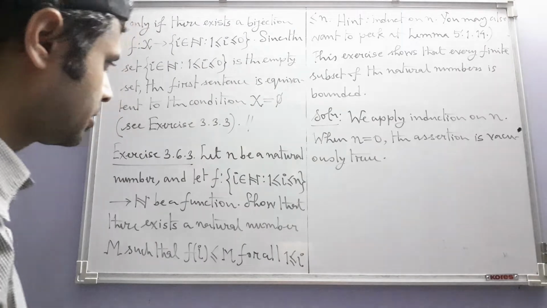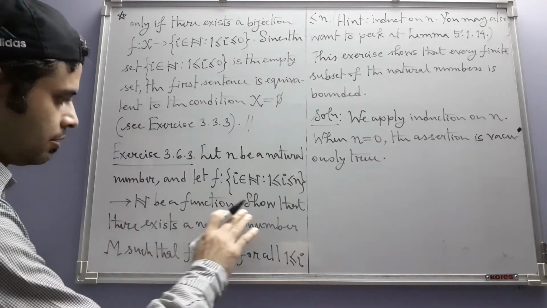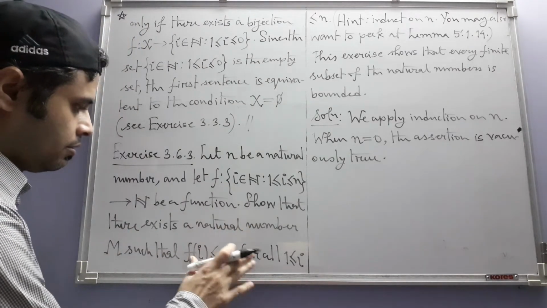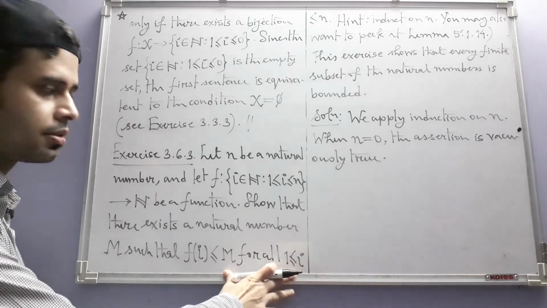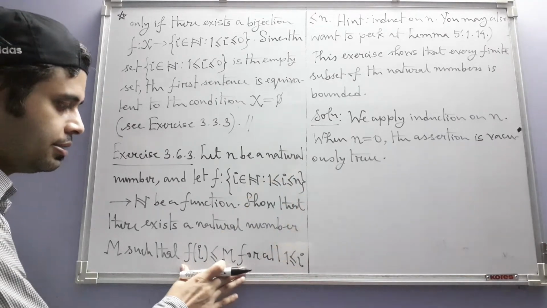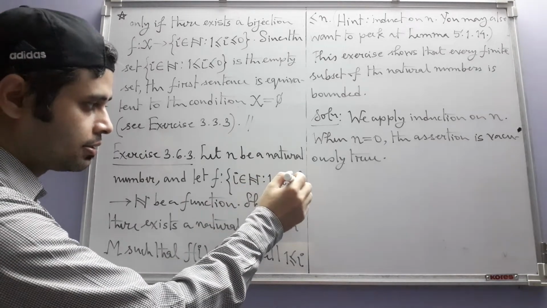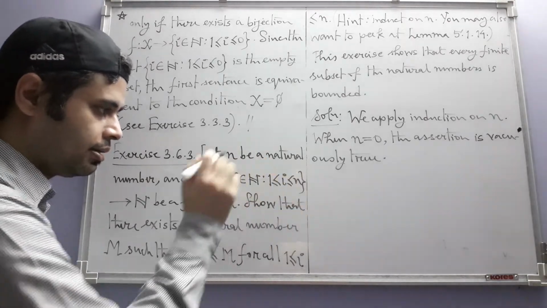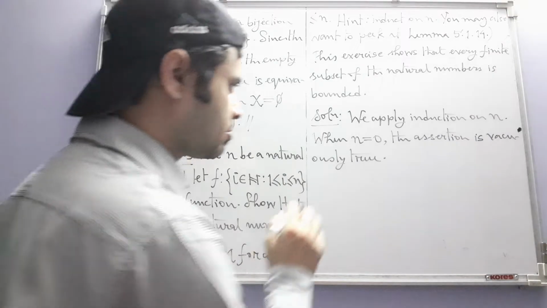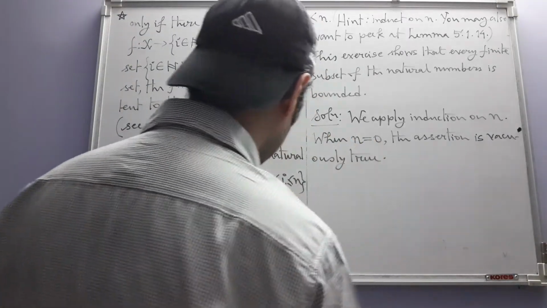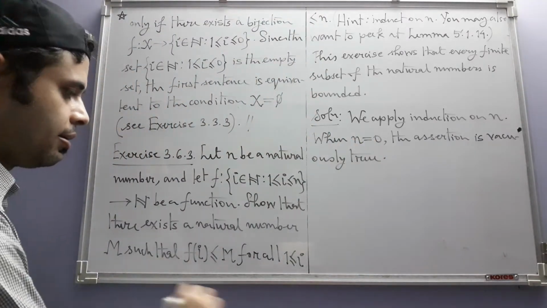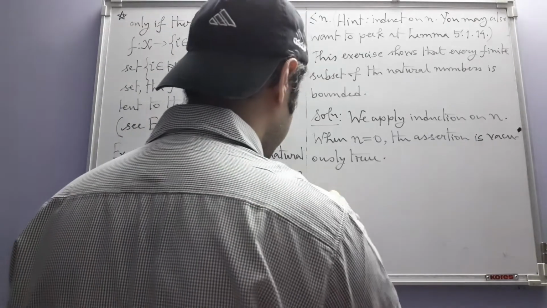What is the assertion? The assertion is that this happens. Whatever the value of n is, this happens. But in this case, in the assertion we have n equal to 0. So in this particular case, we can write the assertion slightly differently like this.